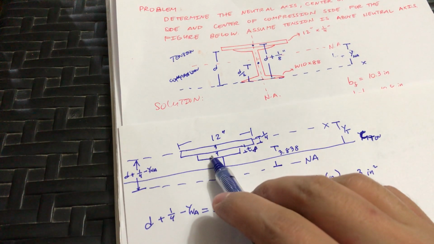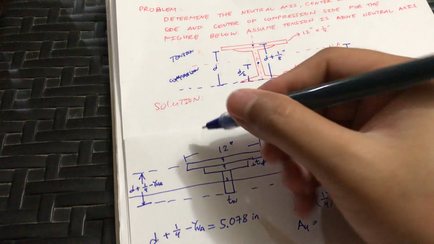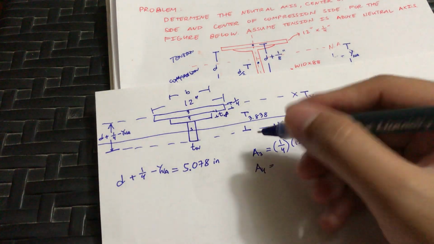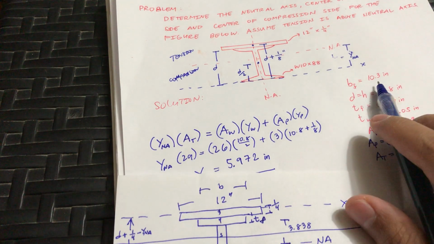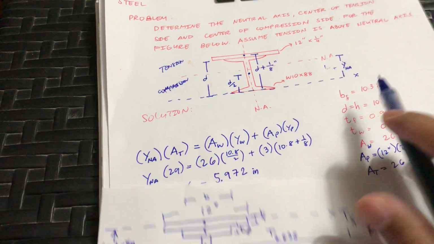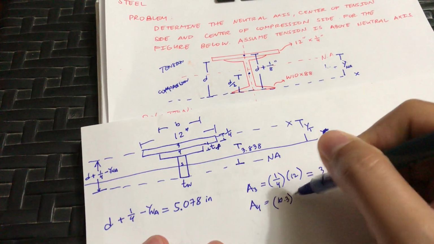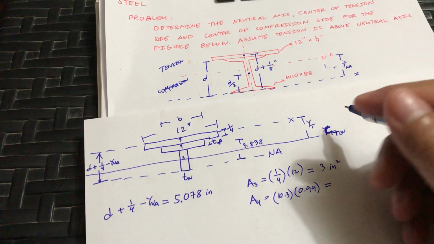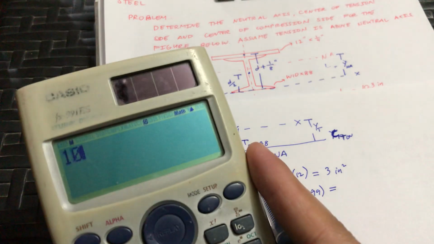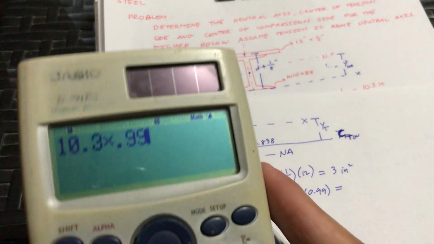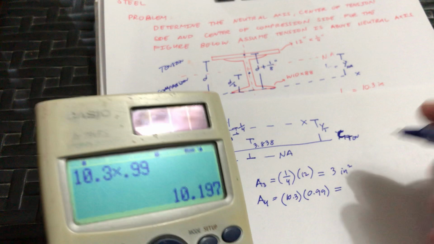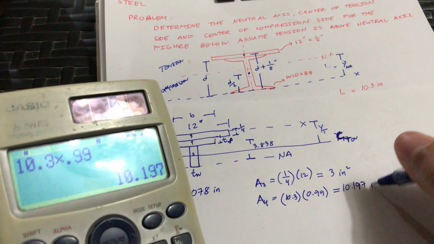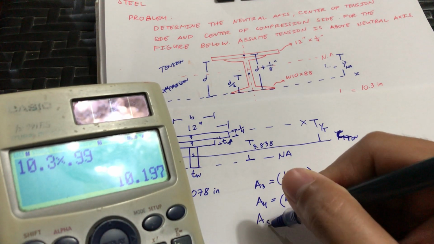Area 4 is this one. Its width is B, which is 10.3. So area 4 should be 10.3 times the thickness of the flange, or 0.99. Okay, so we have 10.197 inch squared.